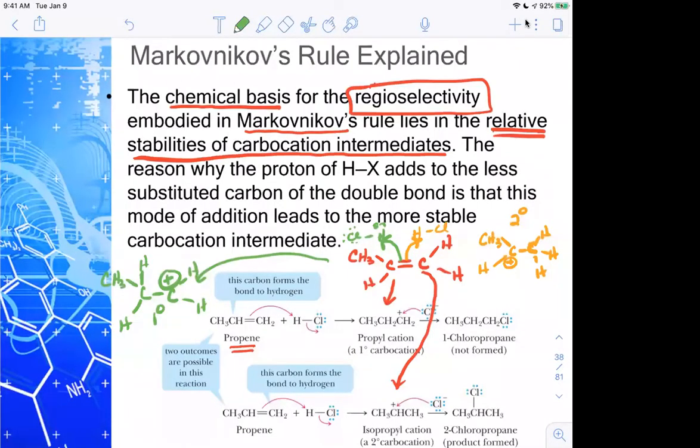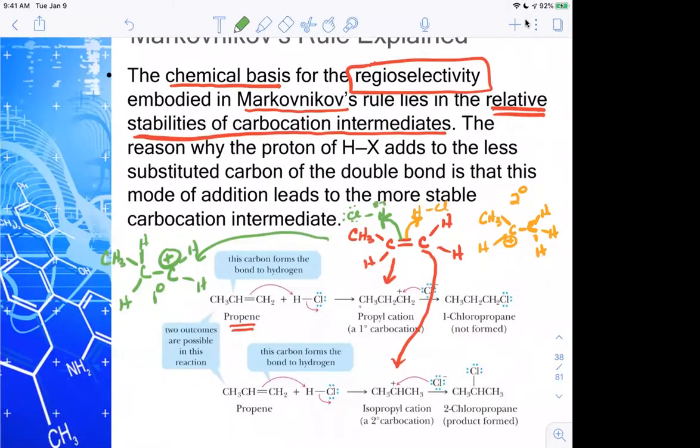This is a primary carbocation. That is this guy here. Primary is much less stable than secondary. Secondary carbocations are more stable than primary. So I have two outcomes that are possible.